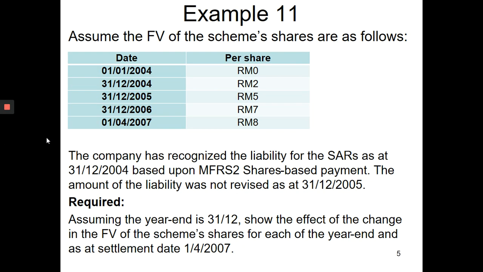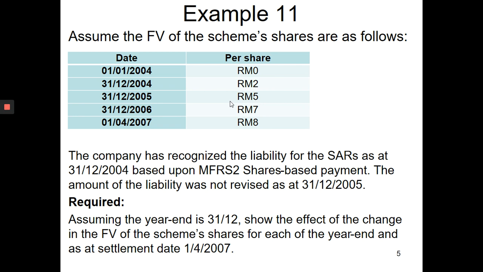So assume the fair value of the scheme is according to this. Kat sinilah kita perlu ambil kira. This is where a situation where we have a market condition. Ni yang bila case macam ni, barulah kita kena ambil shares yang diberi.